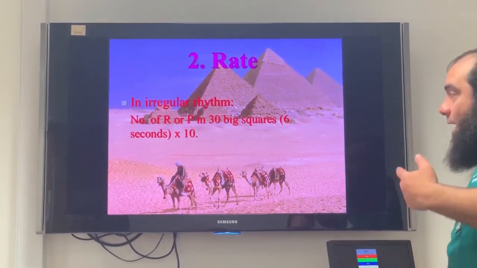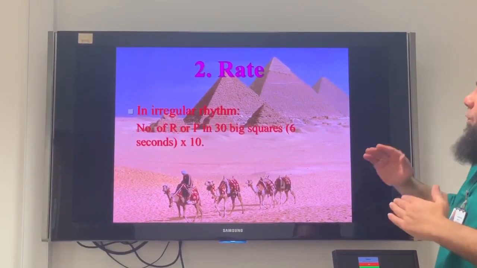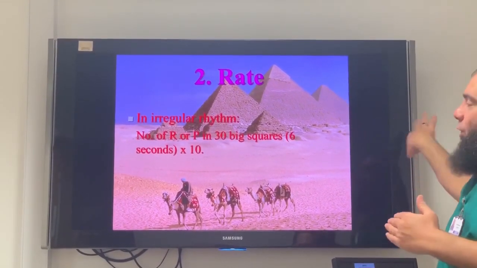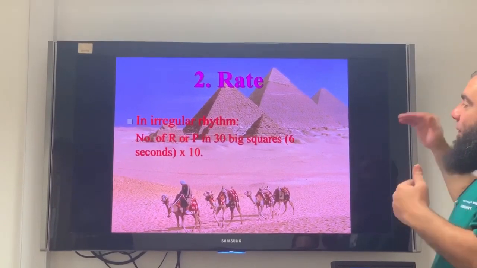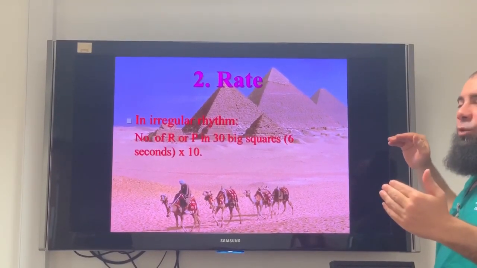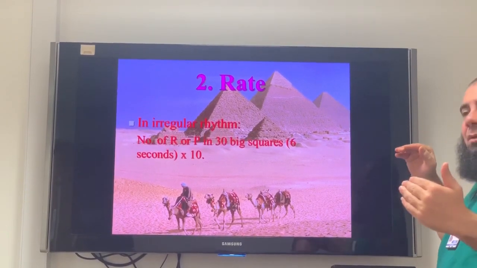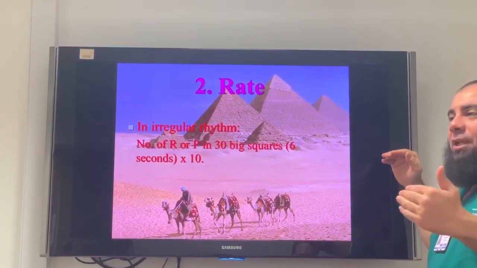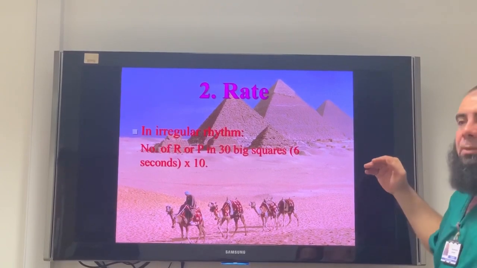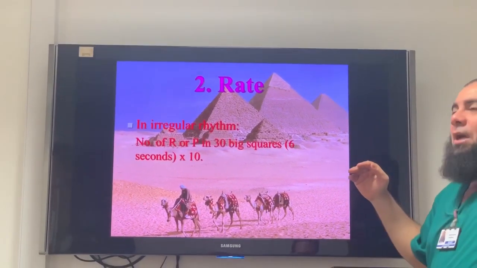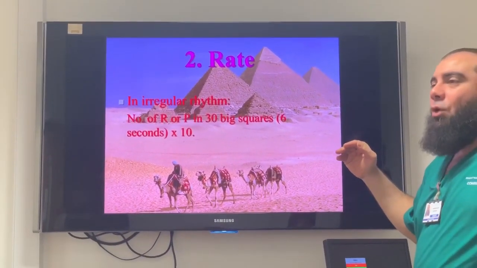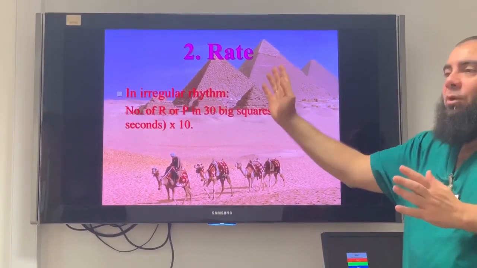In irregular rhythm, I have explained earlier, with the number of R's or P's, forget P. Number of R's in 30 squares. Why did I say P? I told you forget P. Do you remember heart blocks? Especially complete heart block, we find P waves are playing their own role, and QRS are playing their own role.